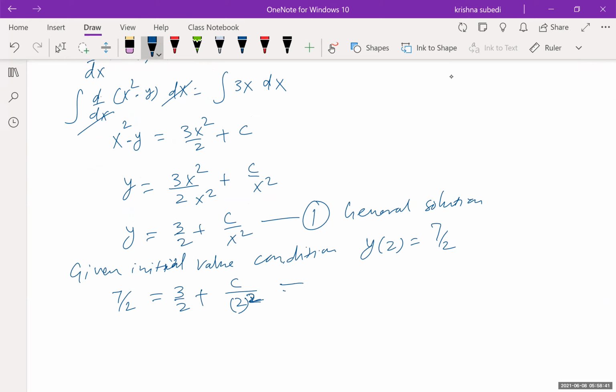Now simplify this. I trust that everybody knows how to solve this for c, and you should be getting c equals, I believe, 8.